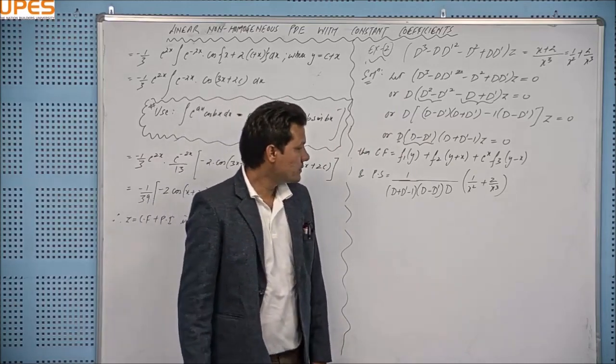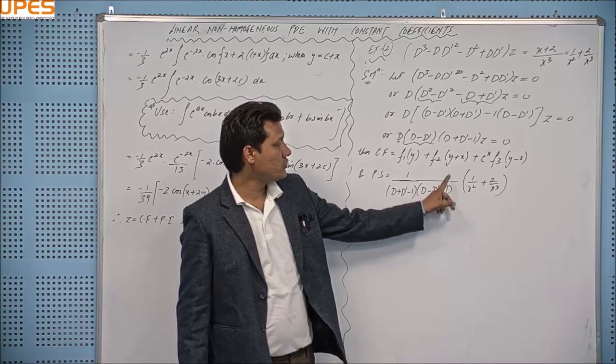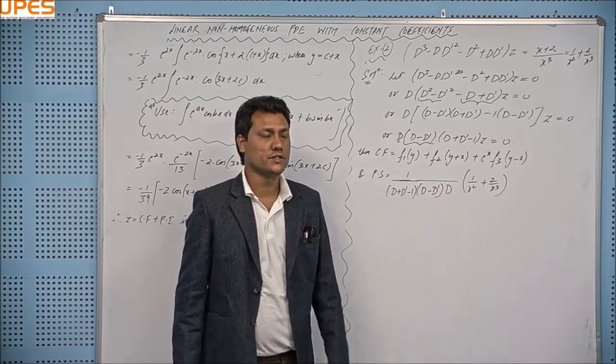Now since D is present at the first place, operating 1 over D, 1 upon D is actually integration with respect to x.